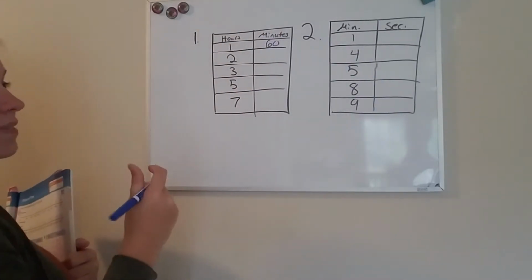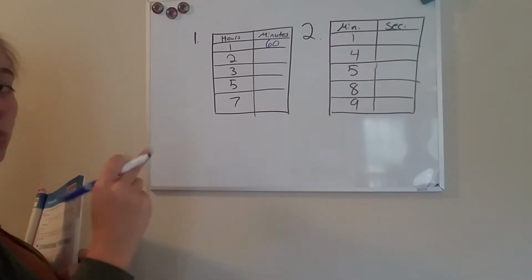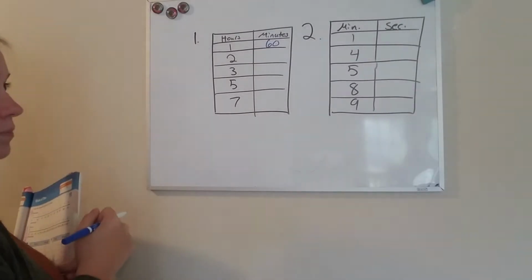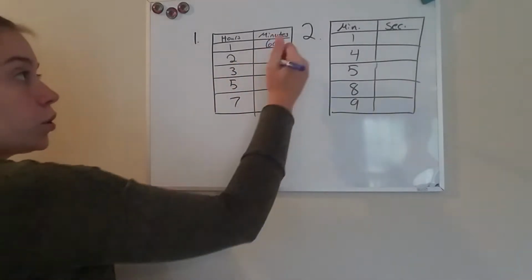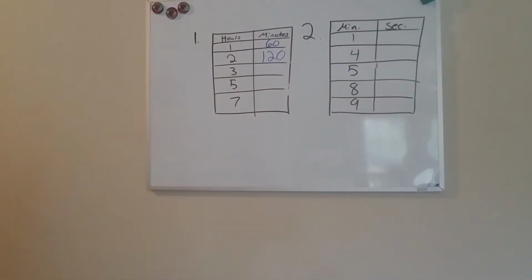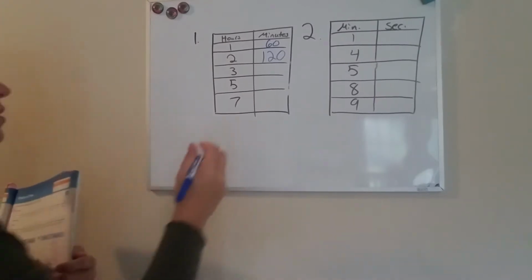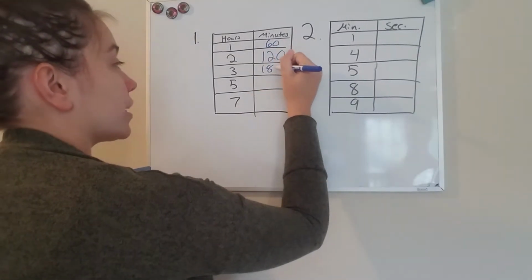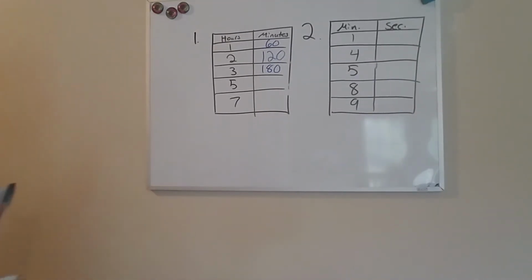Now, I want you to look at that same line. What does it say 2 hours is in minutes? 120. Now I want you to look at 3. 3 hours is 180 minutes. What is 5?